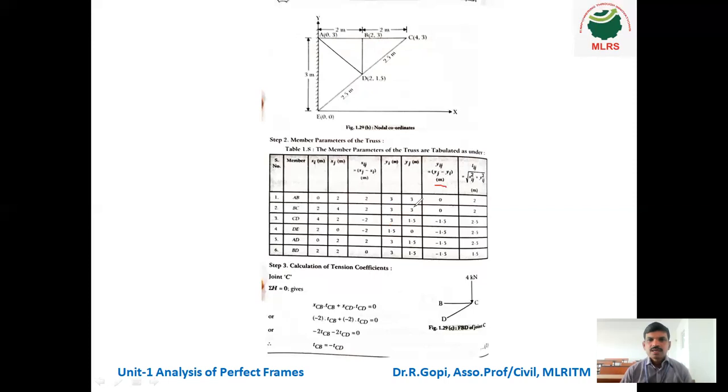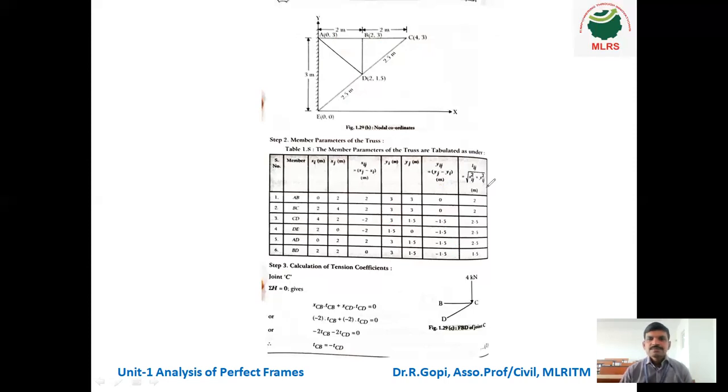So 3 minus 3 is 0. 3 minus 3 is 0. 1.5 minus 3 is minus 1.5. Next, 0 minus 1.5 is minus 1.5. Next, 1.5 minus 3 is minus 1.5, and again 1.5 minus 3 is minus 1.5.